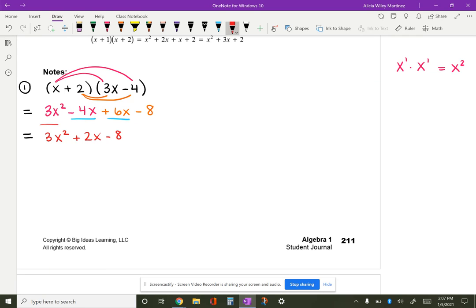And my final answer happens to be a trinomial. Your final answer could be 4 terms. Your final answer could be 2 terms. It could be 1 term, I guess. It just really depends on what your original problem is, what you're given, okay? So this is using just straight distributive property, okay? So multiple distribution, I'll call it.